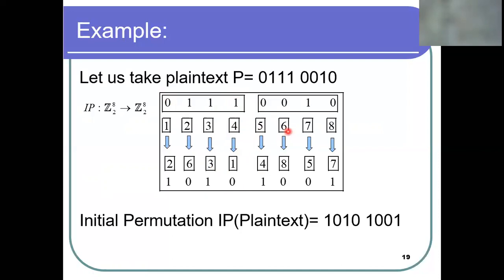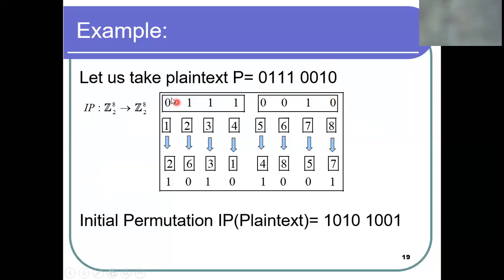On the sixth position there will be the eighth bit of our plain text, and on the seventh position we will have the fifth bit of our plain text. And here you can see on the eighth position we have the seventh bit of our plain text, so the seventh bit is 1.